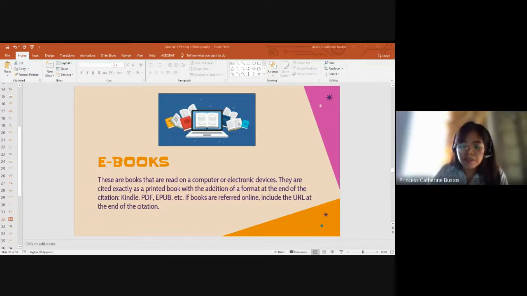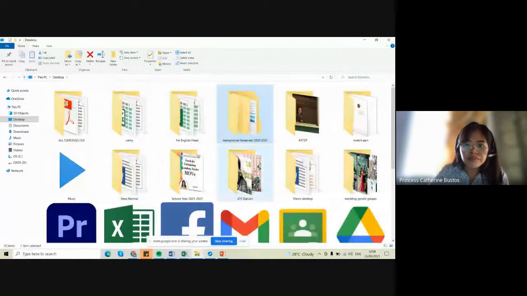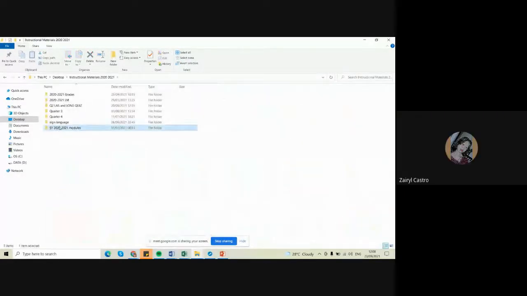So I'll stop sharing and I'll show my entire screen. Wait a minute. Can you see my screen? Yes po. Okay, we have here modules.